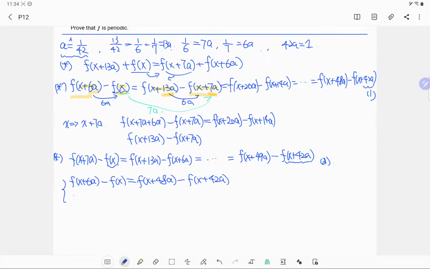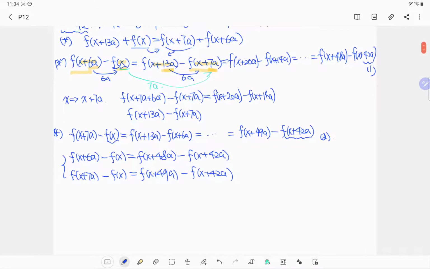And also we have f(x+7a) - f(x) = f(x+49a) - f(x+42a). Of course, we can just substitute them.